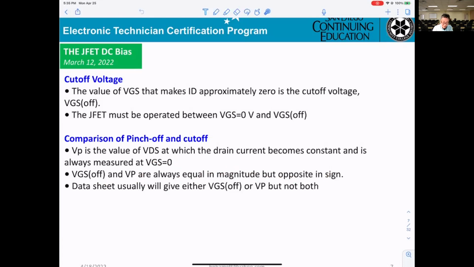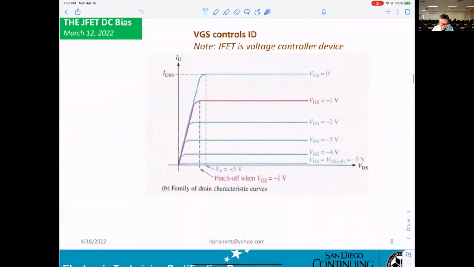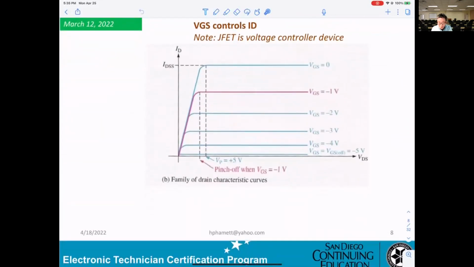Normally a data sheet usually gives either VGS off or VP, but not both. That's a very important thing you must know. If you know VGS off, you know VP, or if you know VP, you know VGS off. Now on that one again, you can see the axis stands for ID, and for voltage VGS minus 4 volt, VGS minus 3 volt, and so on.